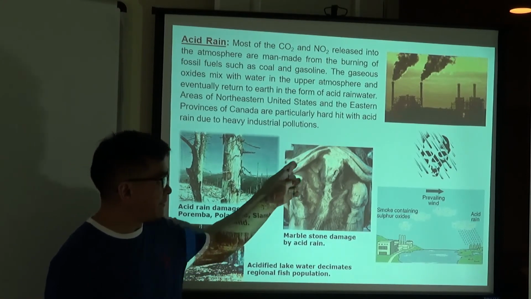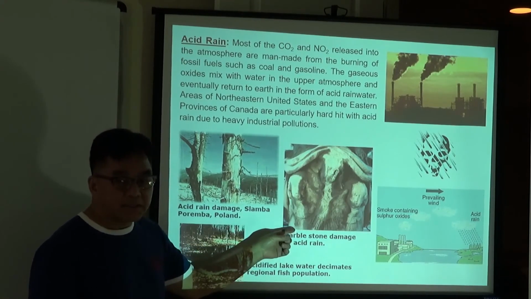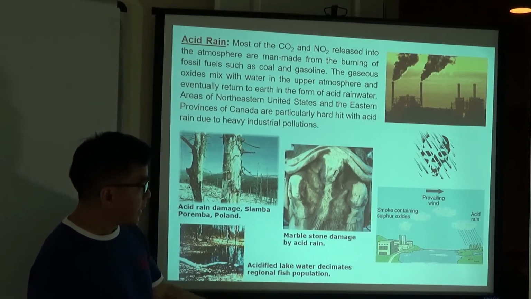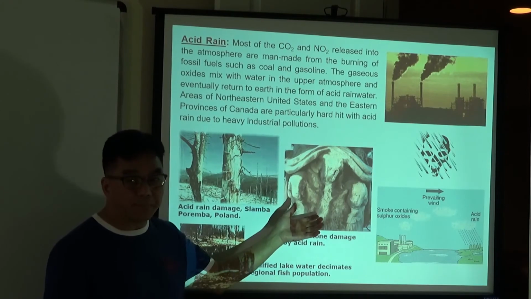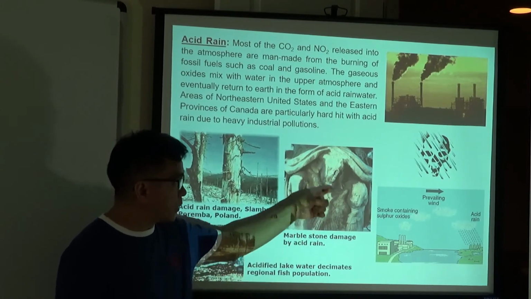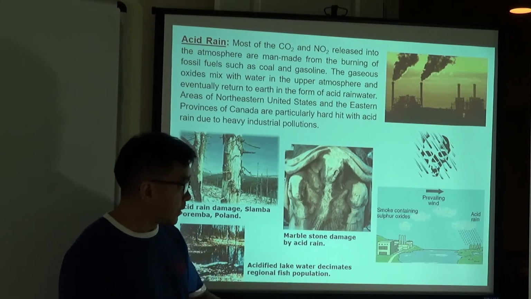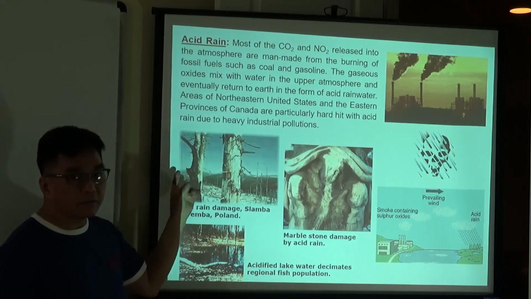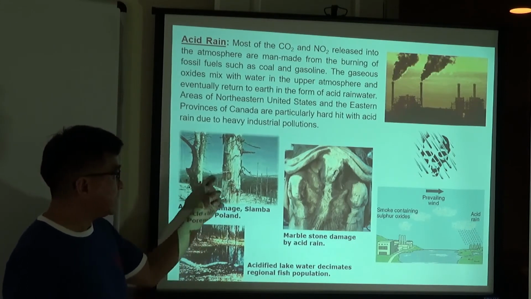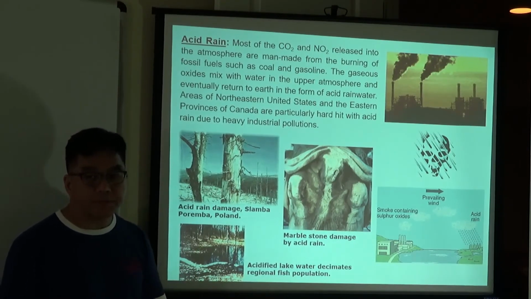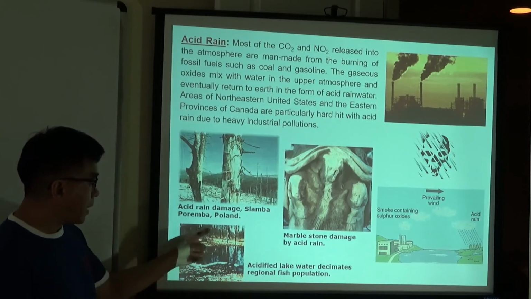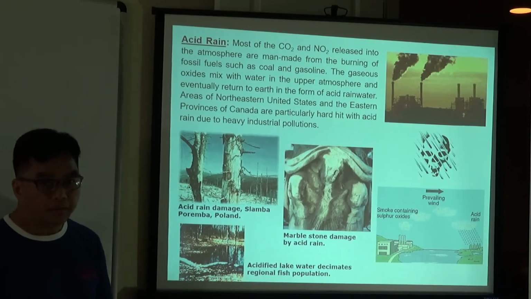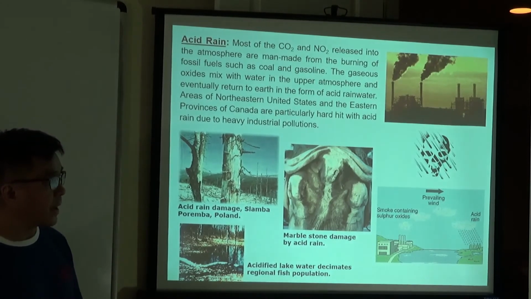In Europe, they have a lot of outdoor marble statues made of calcium carbonate. When the acidic rainwater comes, it dissolves the calcium carbonate, so it can cause damage. Acidifying of the rainwater can decimate forests, cause trees to start dying, and acidify ponds, killing the local fish population. So it's a big environmental problem.